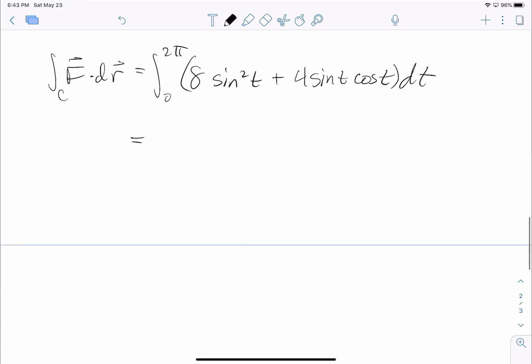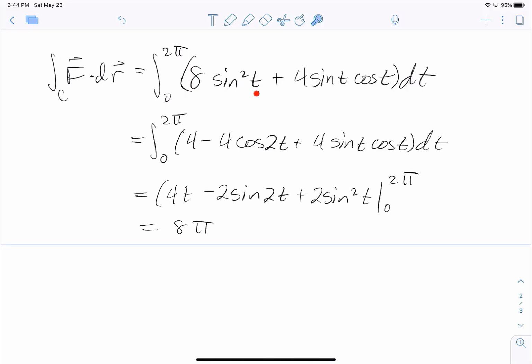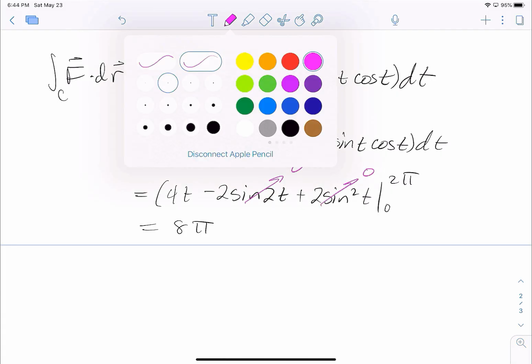Applying a power reducing formula and using the power rule, we get that 8 sine squared of t becomes 4 minus 4 cosine of 2t, and then integrating we get 4t minus 2 sine of 2t, and then the power rule here is going to give us 2 sine squared of t as we integrate 4 sine t cosine t. Evaluating from 0 to 2 pi, as it turns out, all the sine of 2t's and the sine squared of t will go to 0, and we end up with a value of 8 pi.